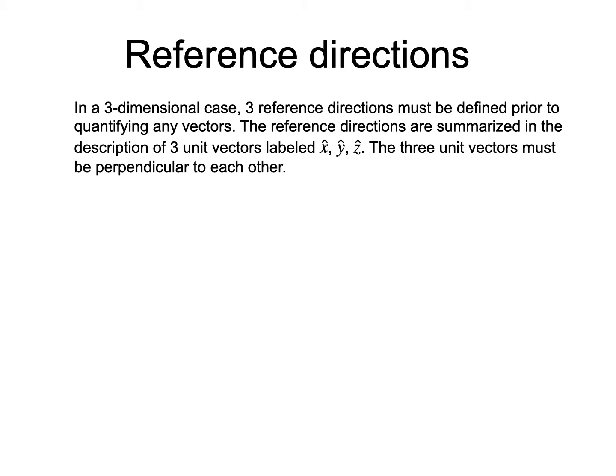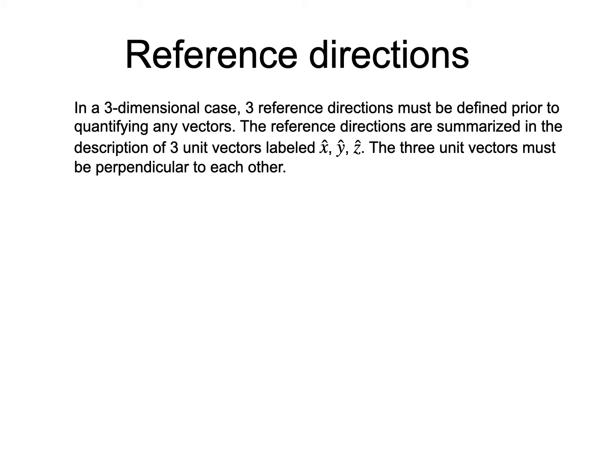The notation and the method used to describe the reference directions is to explain them in relation to the physical or geographical setup in the problem. Three unit vectors, labeled x hat, y hat, and z hat, and parallel to the reference directions, are created. These three unit vectors must be perpendicular to each other.